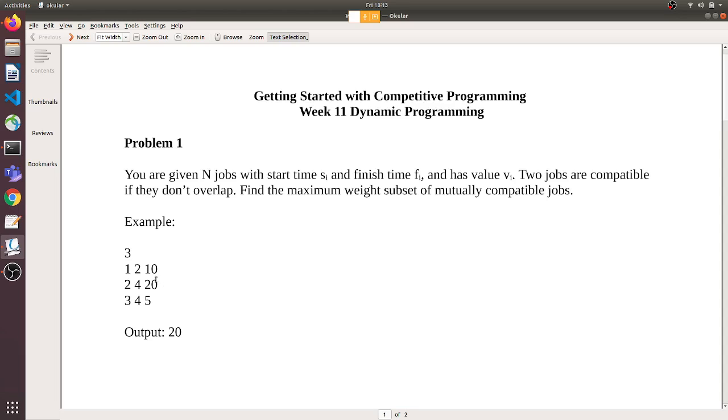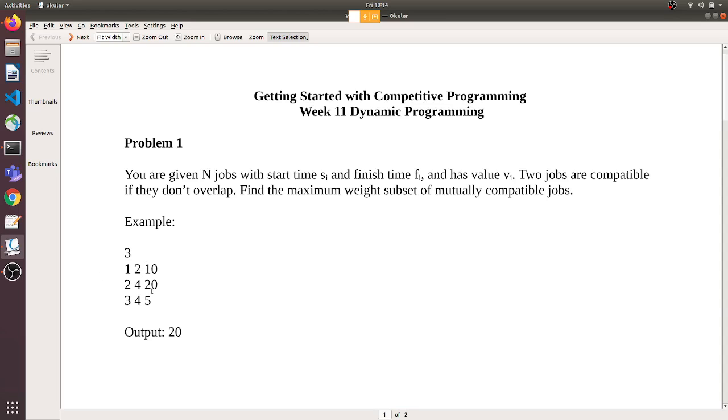Let us assume here that the end and start time should also not be the same for jobs to be compatible. Otherwise I can modify the problem, saying that if the start and the end time are the same, then they're also compatible.